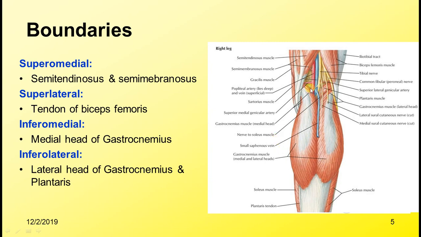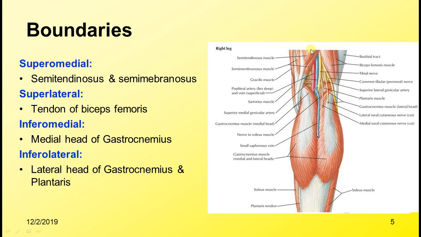That is why I told you the tendon of biceps femoris and the common peroneal nerve are together, very intimately related. So when you identify this nerve, then naturally the muscle should be your biceps femoris. When you are able to identify the biceps femoris, then it is very easy to identify the other three boundaries.